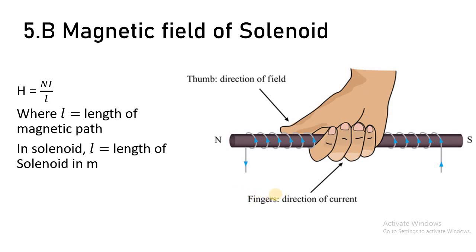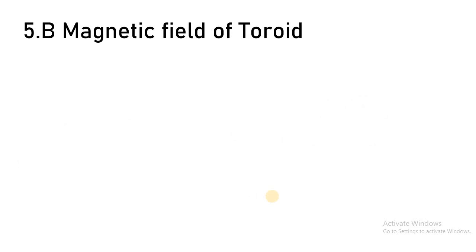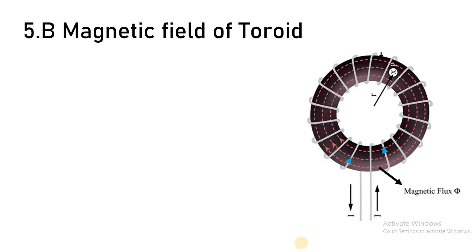Now the last case is the toroid case, magnetic field of a toroid. Toroid means nothing but a coil, a circular shape which is hollow. On that hollow circular shape, we take a number of turns of a coil.